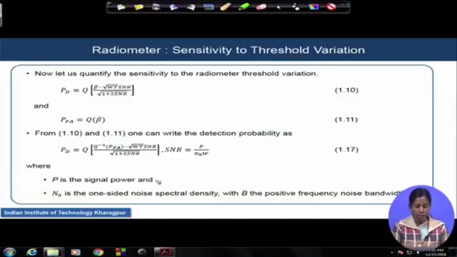Inside, the SNR is given by P times N0 W classically, without considering the loss of the filter, where P is the signal power, N0 is the one-sided noise power spectral density, and W is the bandwidth of the positive frequency band noise bandwidth.